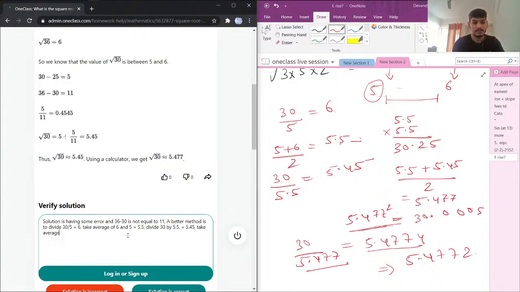Take the average of 5.45 and 5.5, which will equal 5.477. This is the correct method, and we get a pretty accurate answer.